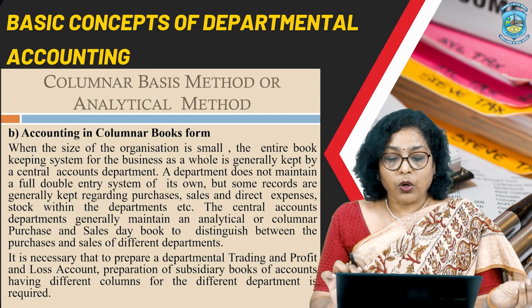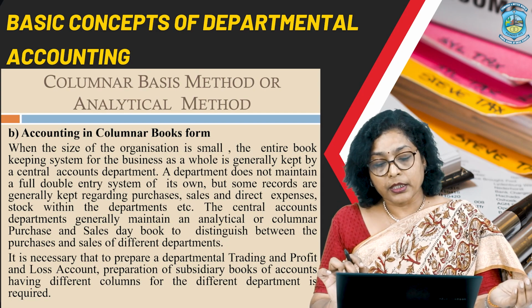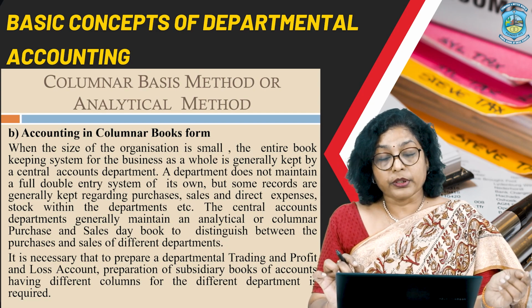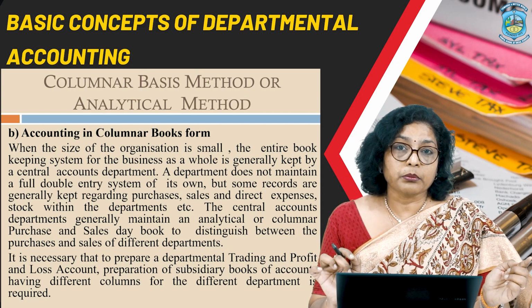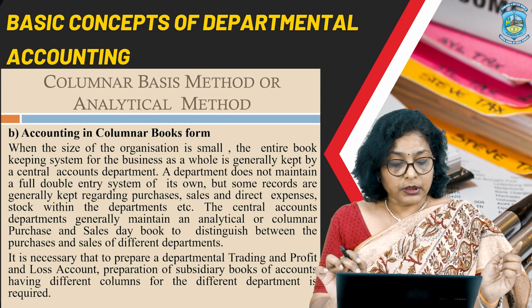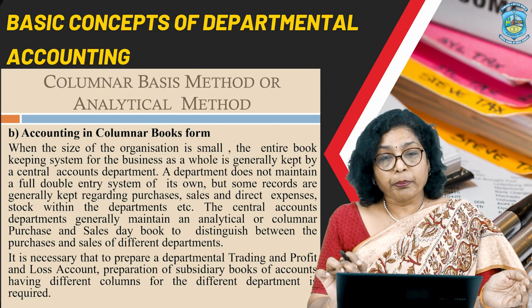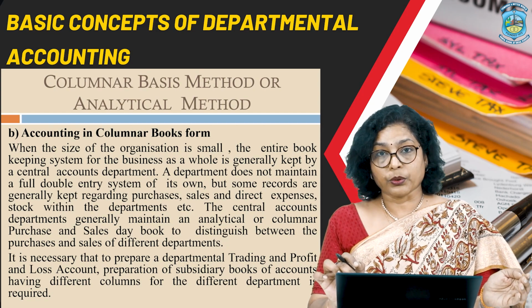The second method is the columnar basis method. We also call it the analytical method. This method is suitable for small organizations where the entire bookkeeping system is kept by the central accounts department of the organization. A department does not maintain a full double entry system of its own.